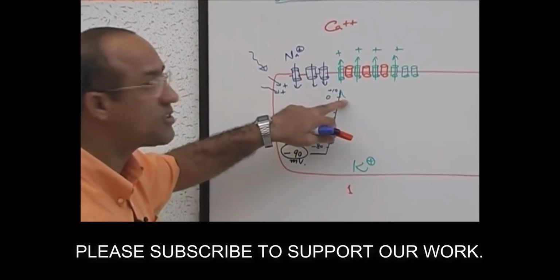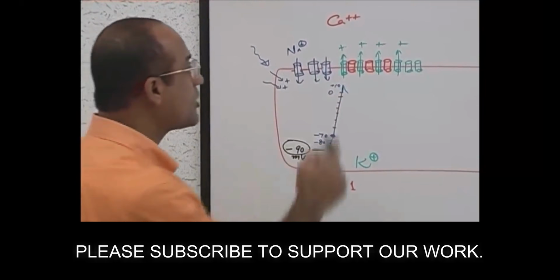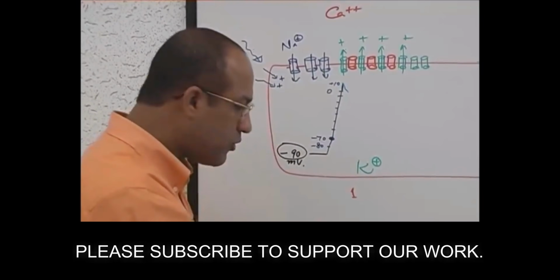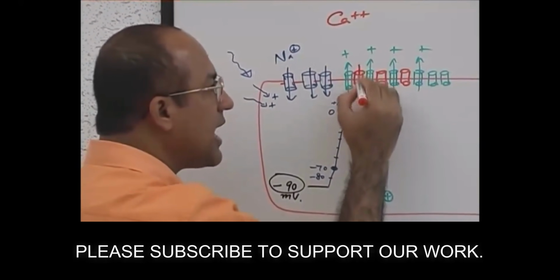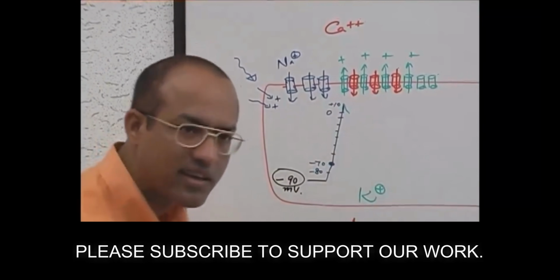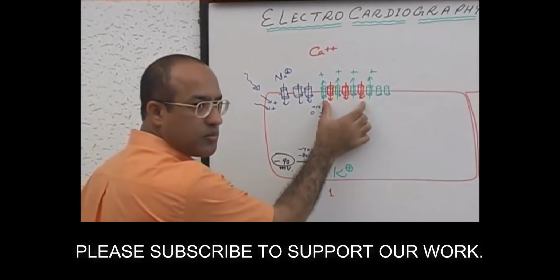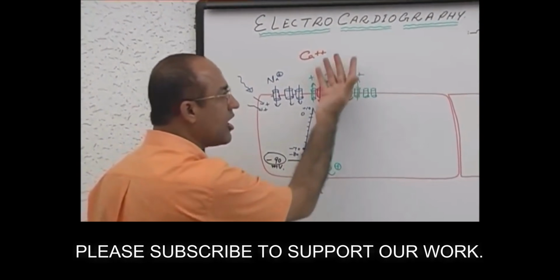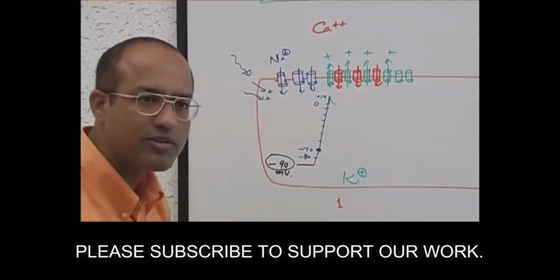But as soon as it is around 0 voltage, calcium channels also open. So for a very short time, potassium keeps on moving out, and as calcium channels are open, calcium keeps on moving in. It means for a brief duration, positive charges are lost as potassium and gained as calcium to the inside of the cell.